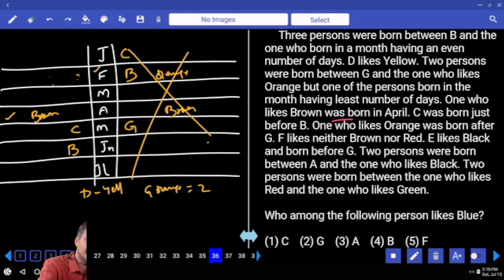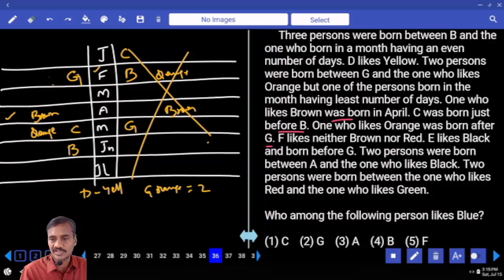Now who must be here? G is here. Between G and orange, how many persons are there? 2 people, hence orange is here. Yes. And C was born just before B, and the one who likes orange was born after G.